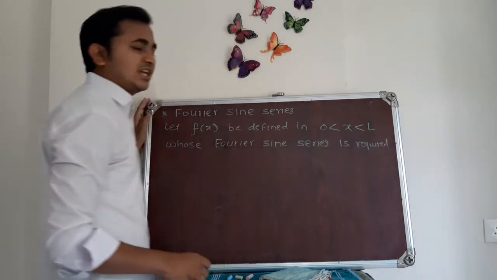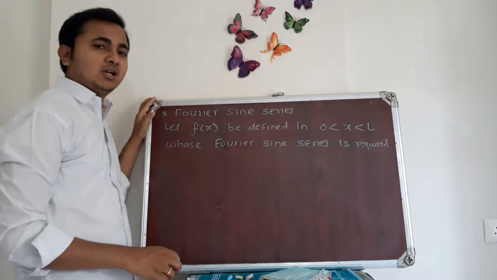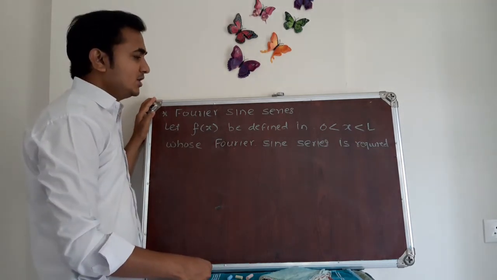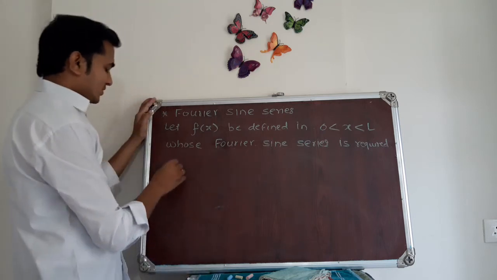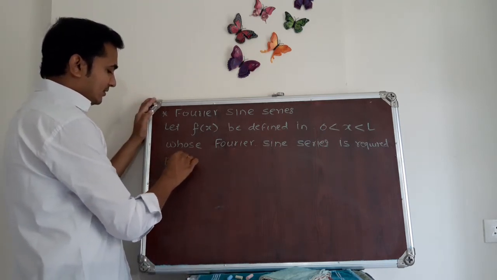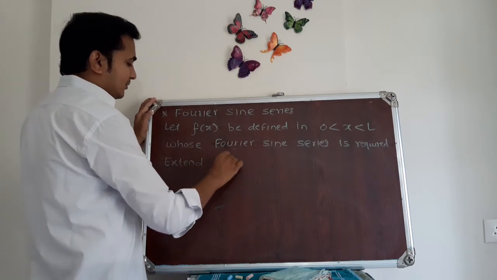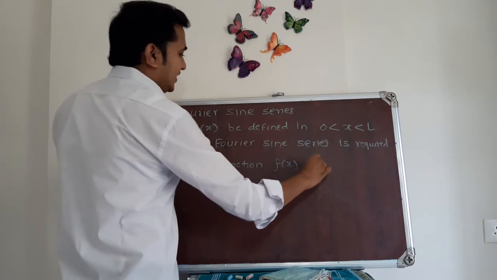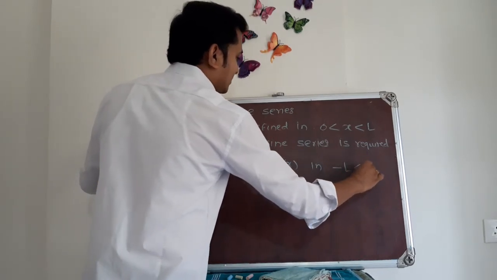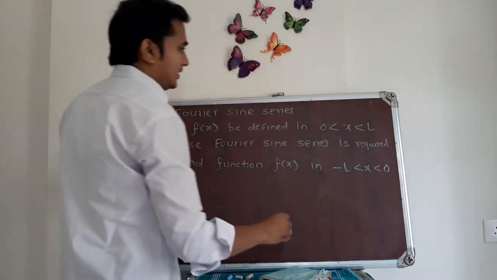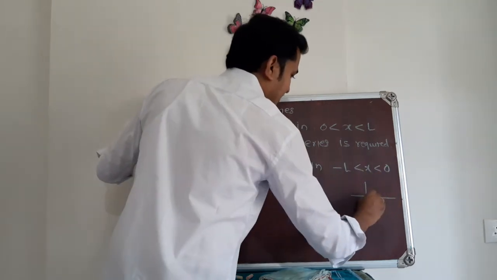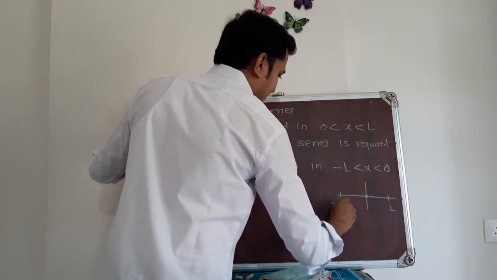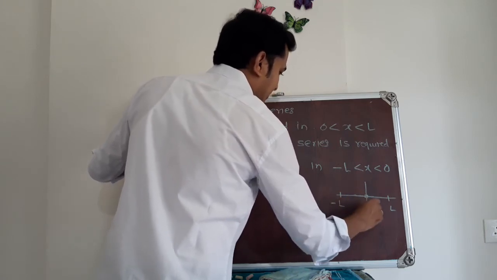Now Fourier sine series means that the function should be odd. That means we will have to extend so that the resulting function becomes an odd function. So extend the function f of x in minus L to 0. Originally it was for 0 to L, extend it from minus L to 0.